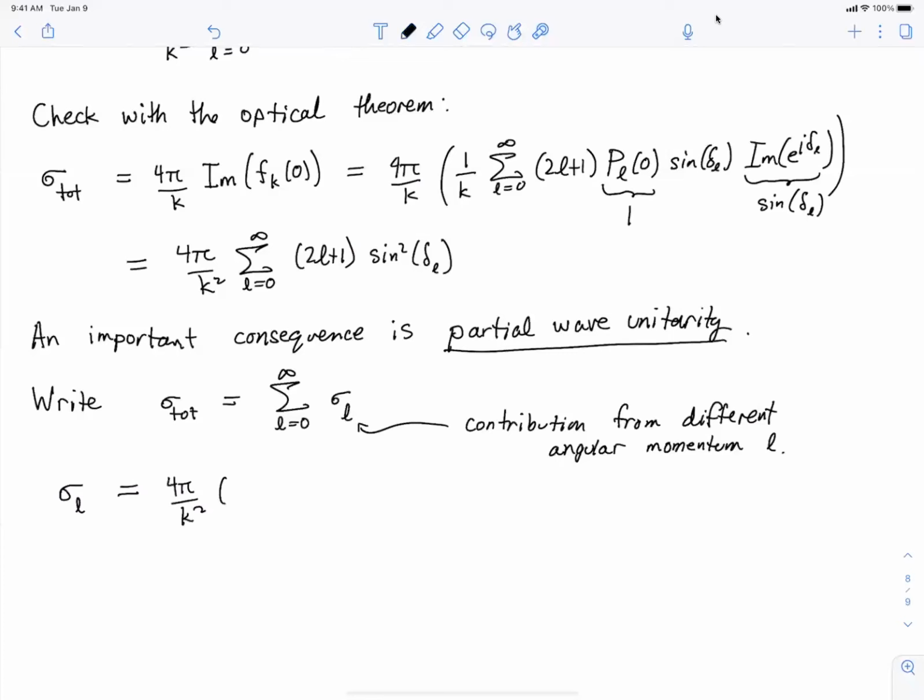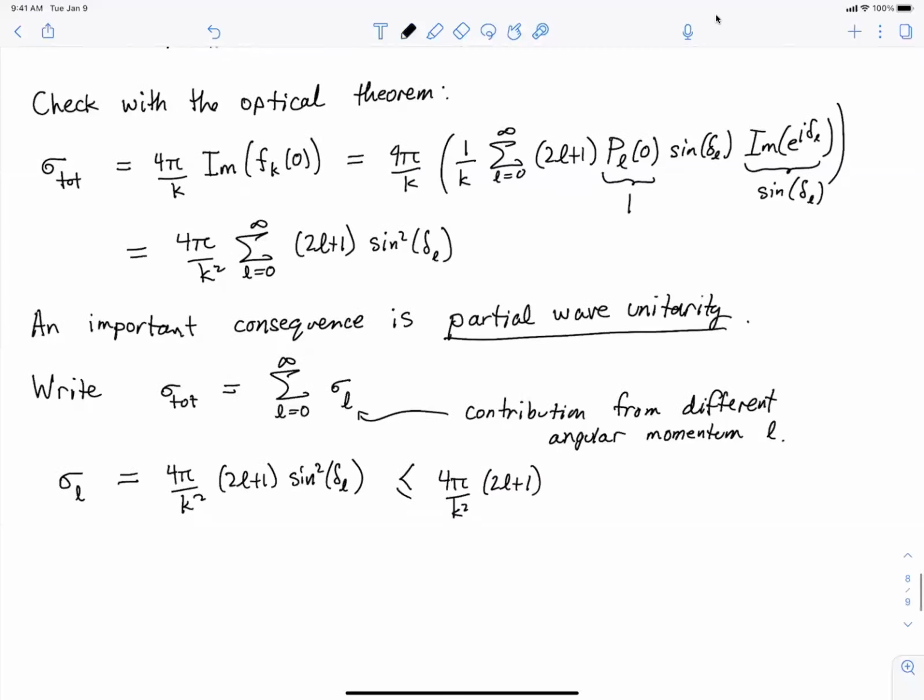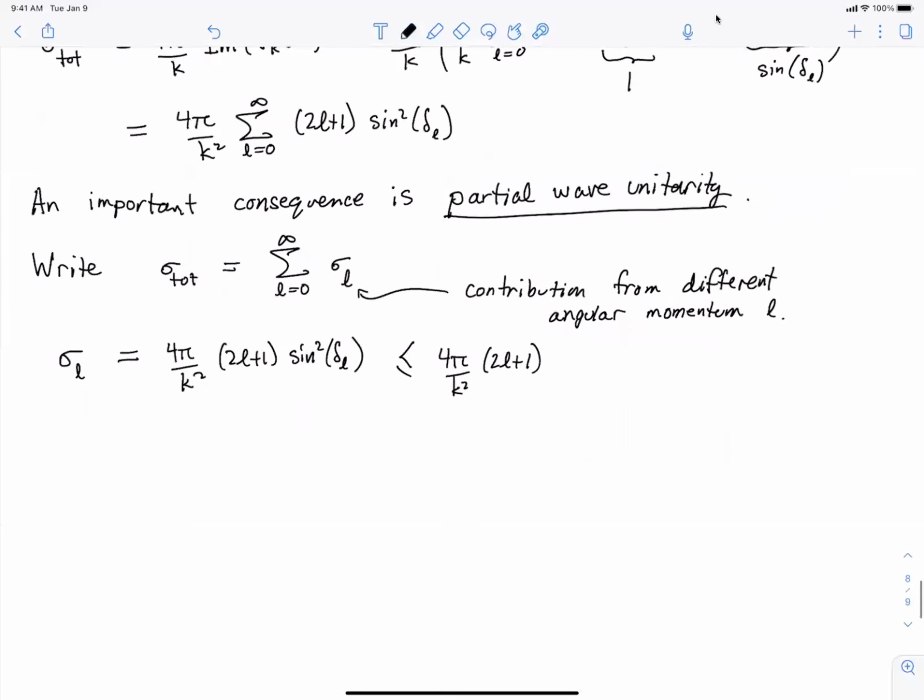So the L angular momentum contribution to the total cross section is this, and the biggest that can possibly be is 4 pi over k squared times 2L plus 1. And so that's bounded. The contribution from any given angular momentum is bounded no matter how strong our potential was.